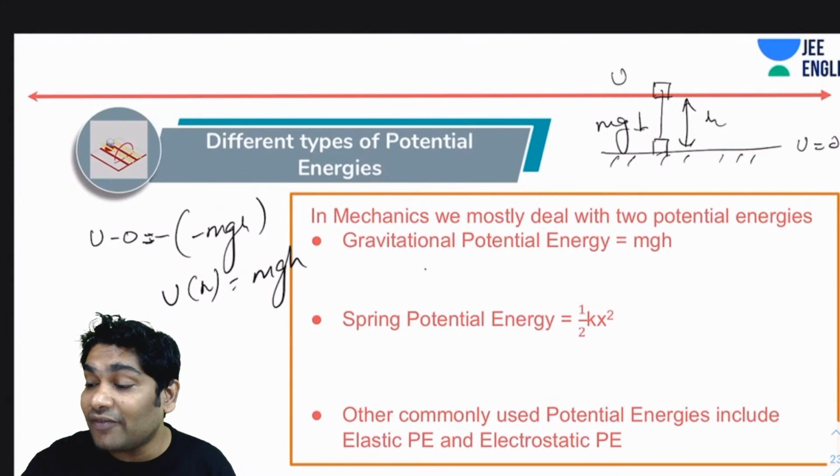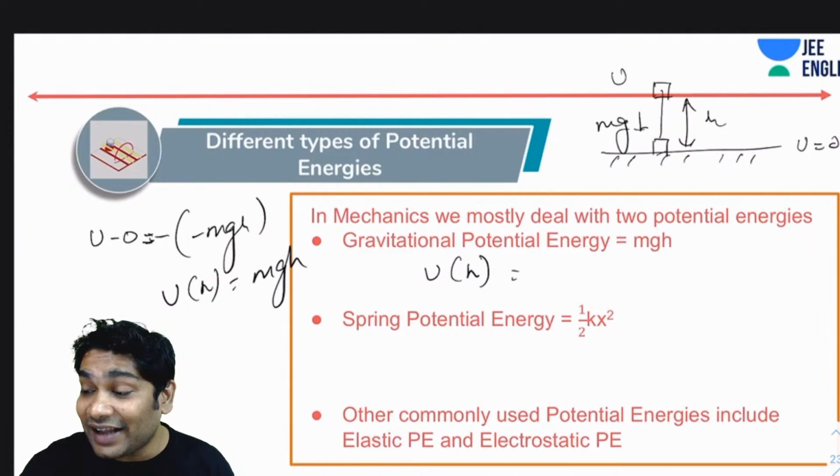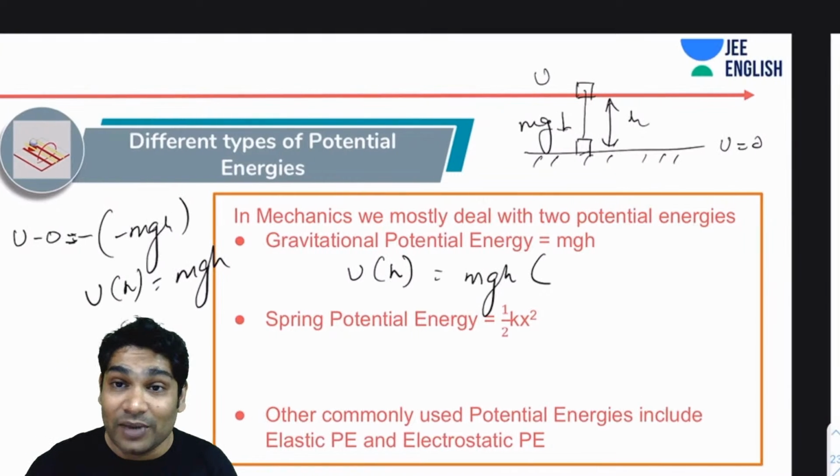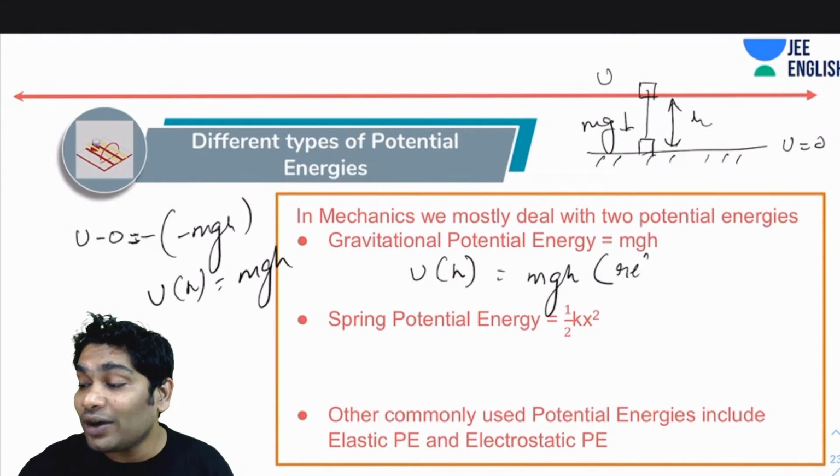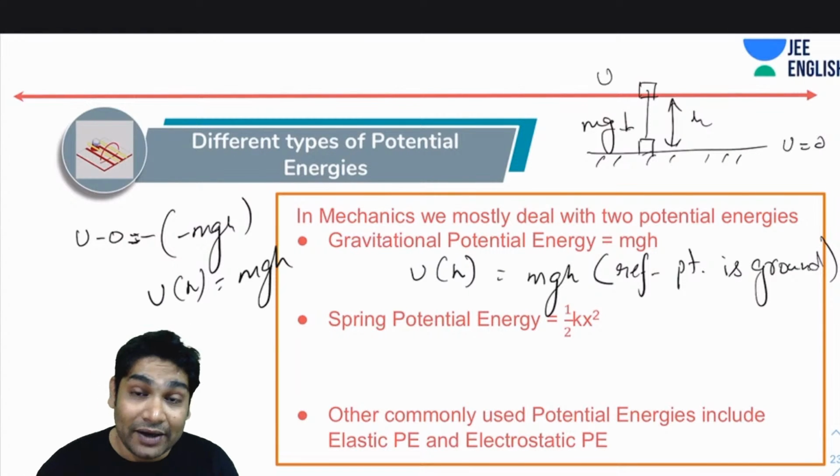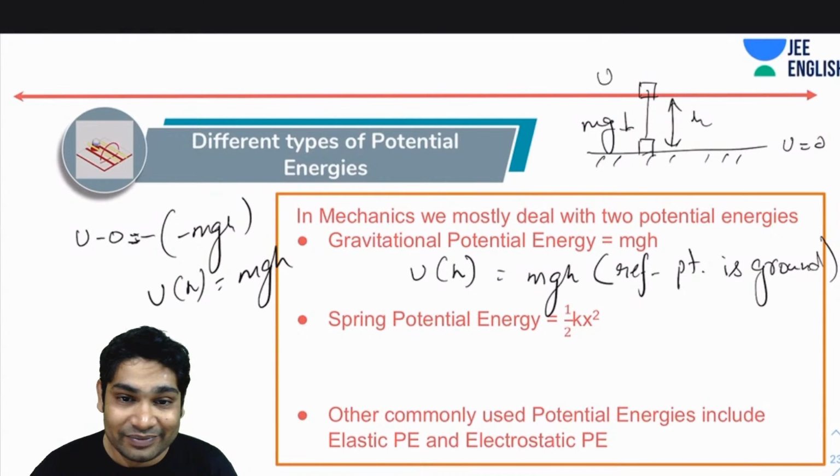That is going to be my function of gravitational potential energy. U at any height h above the ground is mgh, and of course I have to mention here the reference point is ground, and h is height above ground. Alright, only then it is mgh.